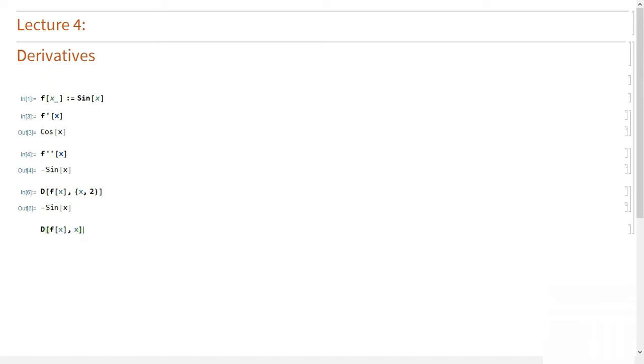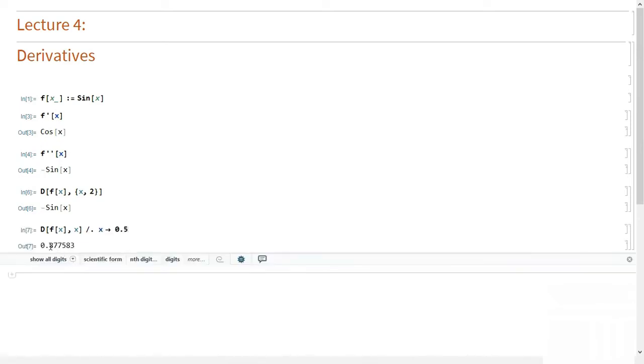And to evaluate the value of the derivative at x equals 0.5, you need to put a slash, then a dot, then you type x goes to 0.5, and as you can see, we have our desired value.